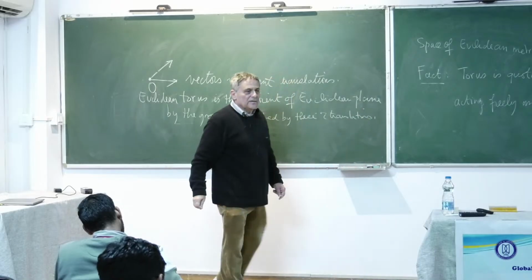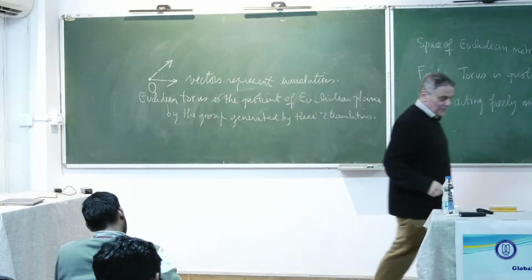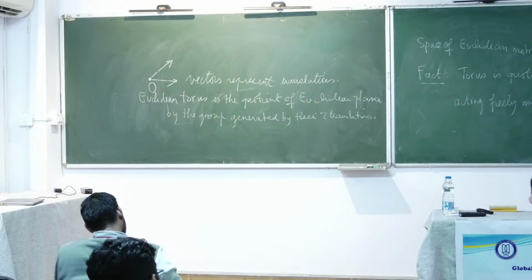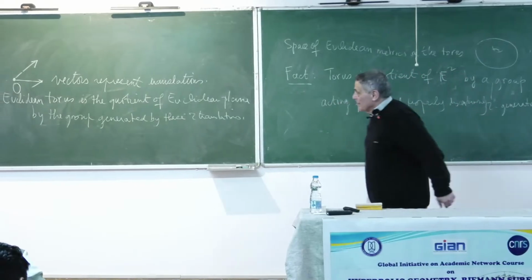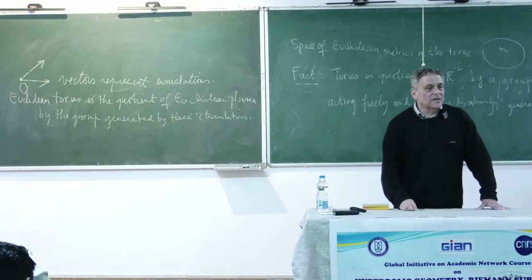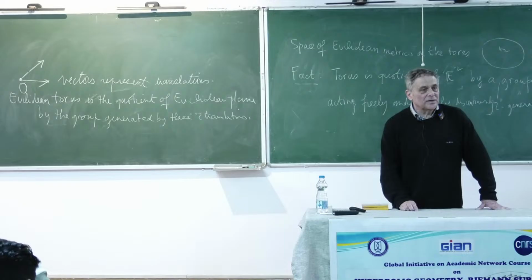I think I'm complicating the matter here because I don't know exactly what level I need. Do you understand this group generated by these two translations?